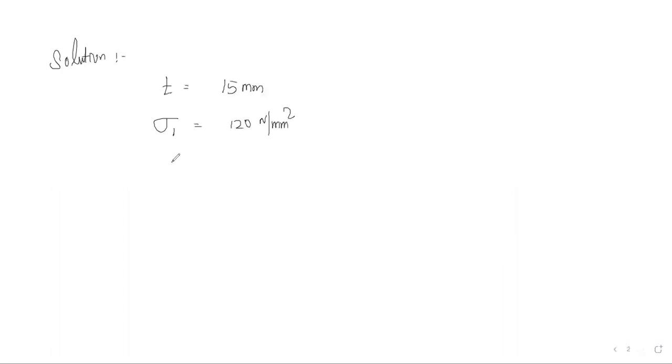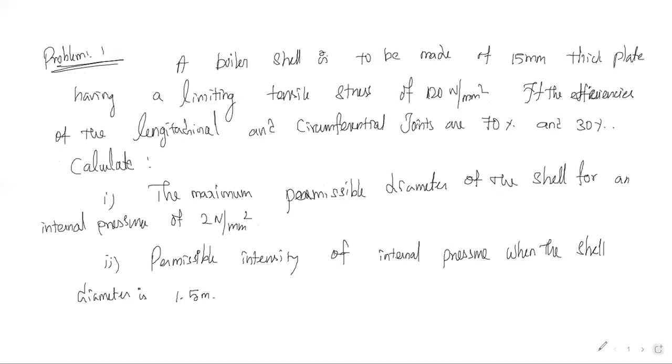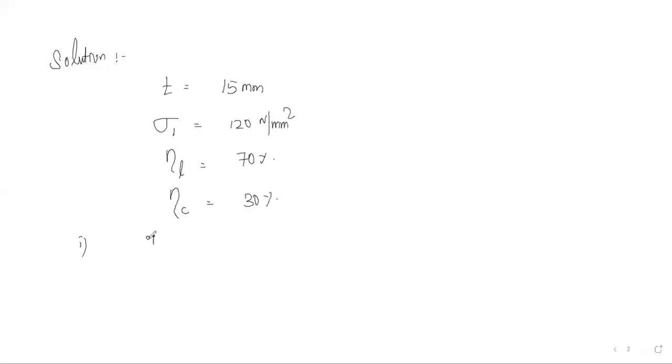So longitudinal joint efficiency is 70 percentage and circumferential joint is 30 percentage. Now first case, if the internal pressure P is equal to 2 Newton per mm², then what is the diameter that we have to calculate?